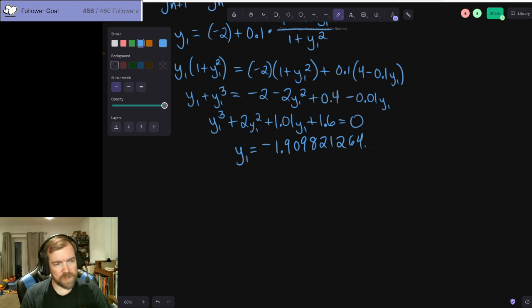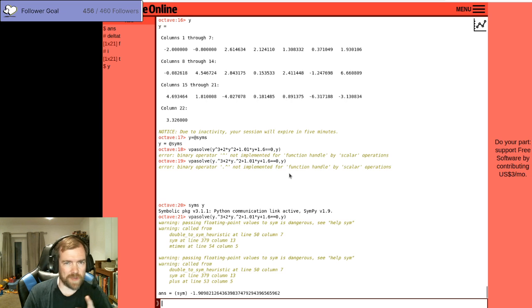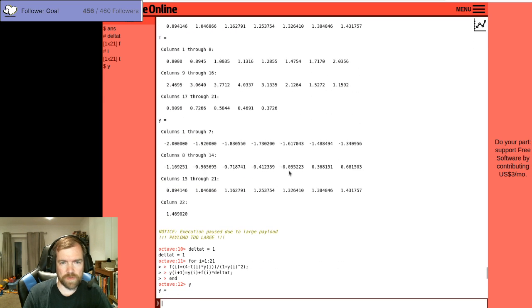Right, so that's our 0.1, negative 1.9098. When we start iterating, we're going to end up with numbers fairly similar but slightly different from the y values we had up above. From above, we had negative 1.92 instead of negative 1.9098.